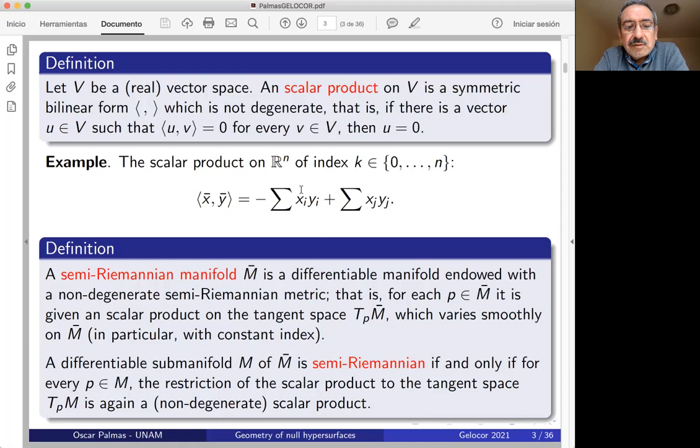And if we have this environment, a differentiable submanifold M is semi-Riemannian if the restriction of the scalar product of M bar to the tangent space of M at each point is once again a non-degenerate scalar product.